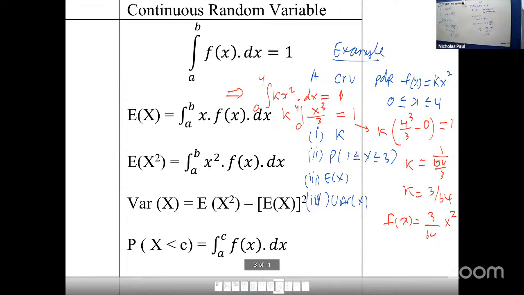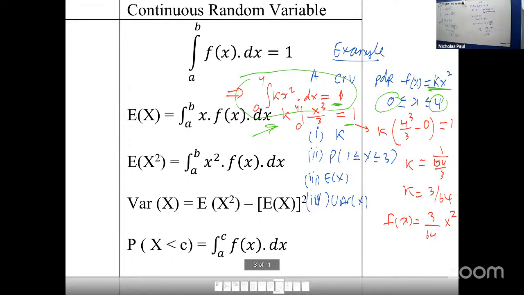So all I did here was this. I said that the integral of this function between 0 and 4 is what? So I use the rule. Once you integrate between the limits, that value is 1. So when I integrated it, I got x cubed on 3 times k is equal to 1.